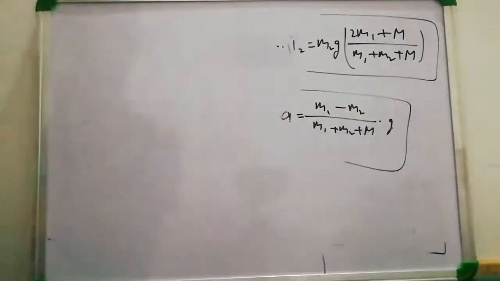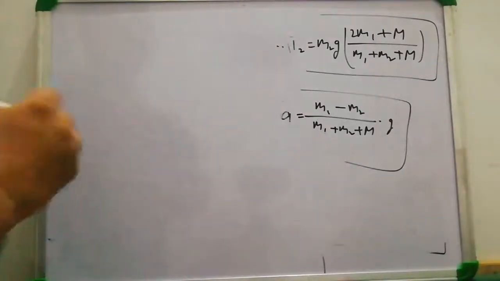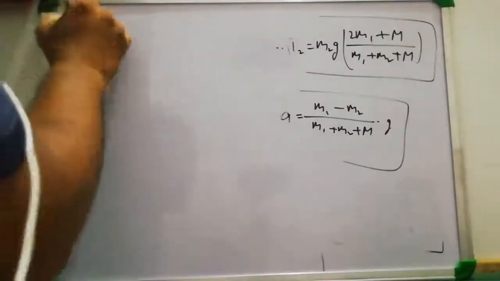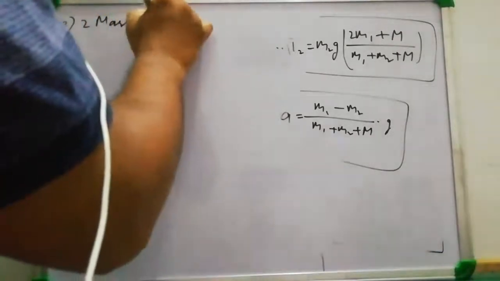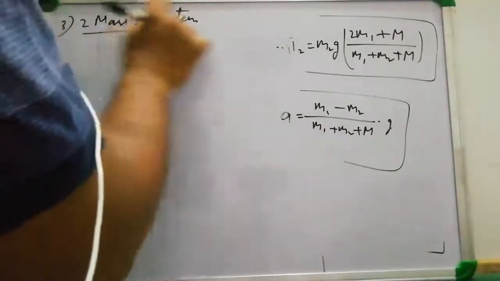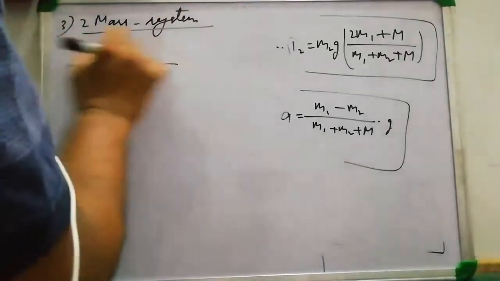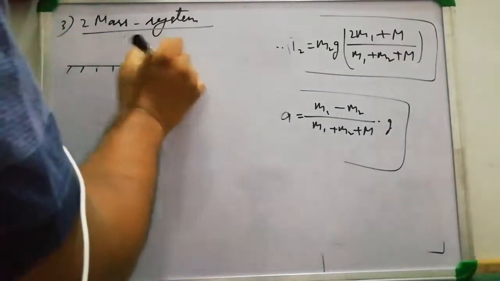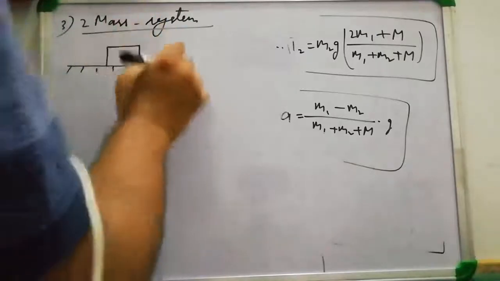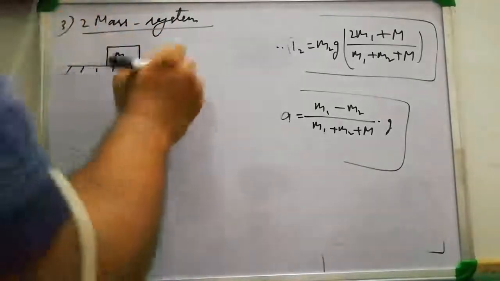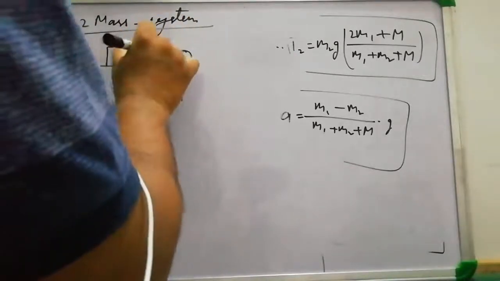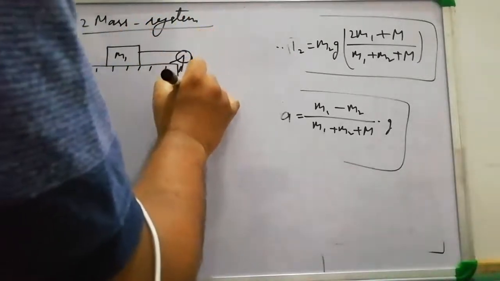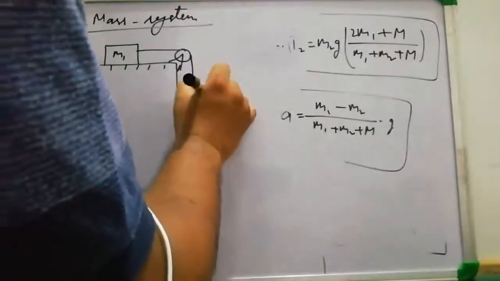That will be again a two mass system but in a different position. The third one is a two mass system. Suppose that on a smooth plane there is a mass m1 which is connected with a string with the mass m2.